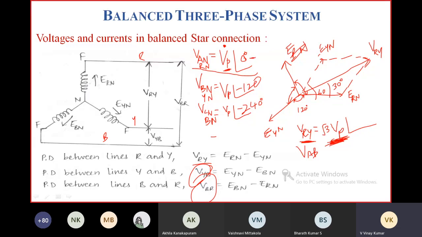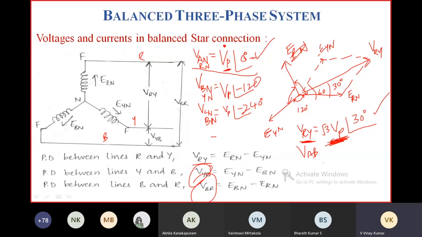So if it is 0 degrees, this will be 30 degrees ahead of phase voltage. So VRY is equal to root 3 VP at an angle 30 degrees, because line voltage leads phase voltage by 30 degrees.